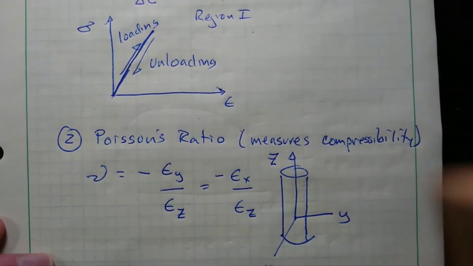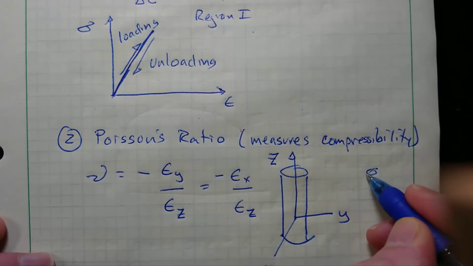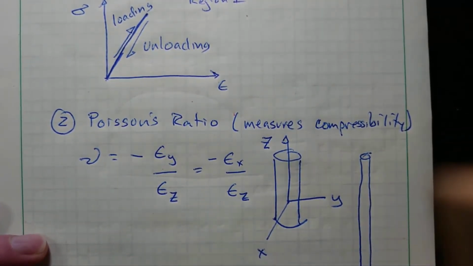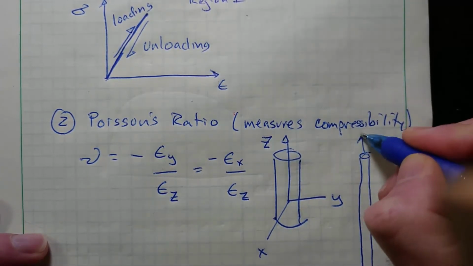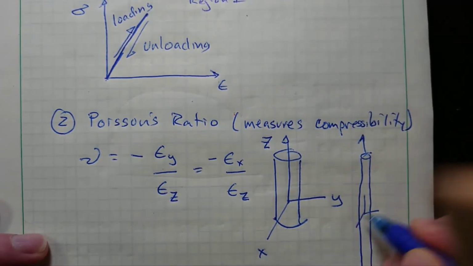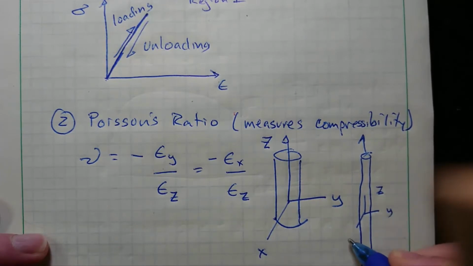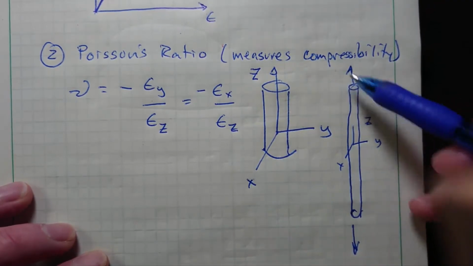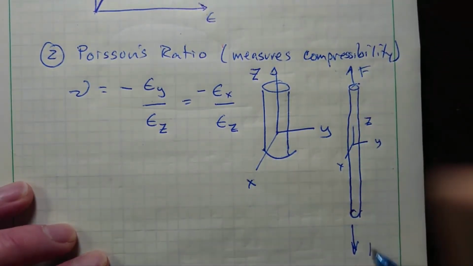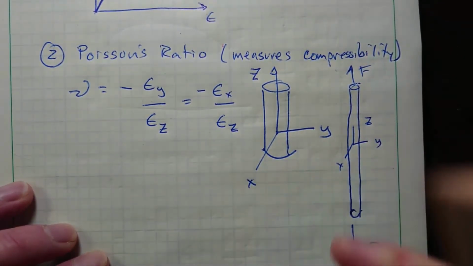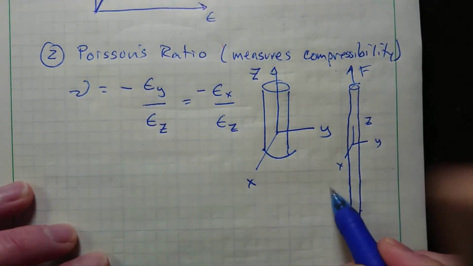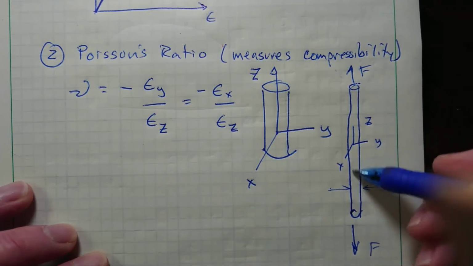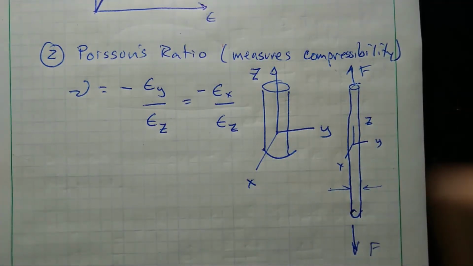So that's the definition, and what happens is when the sample is stretched, it gets longer. I'm going to exaggerate this here. Z, Y, X. So if I take a sample and apply a force or stress to it, it's going to get longer and thinner, and the Poisson ratio gives you an idea of how much thinner it gets for every increment of extension.